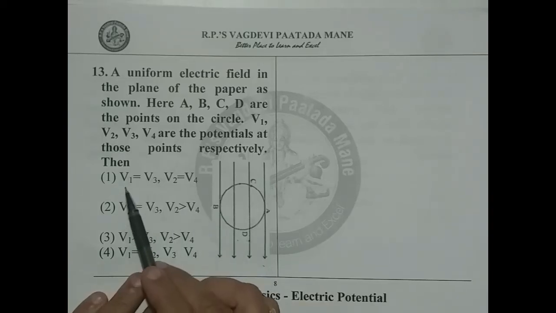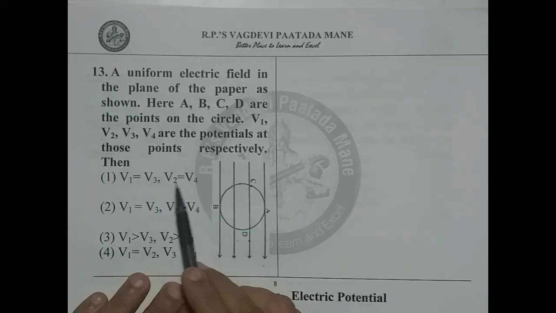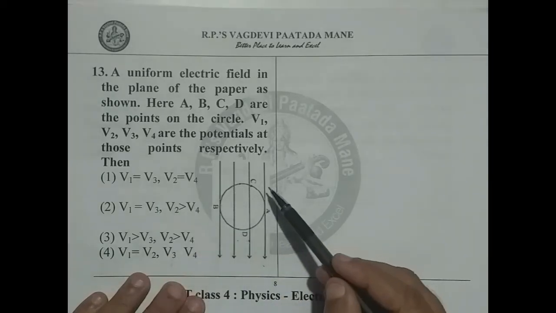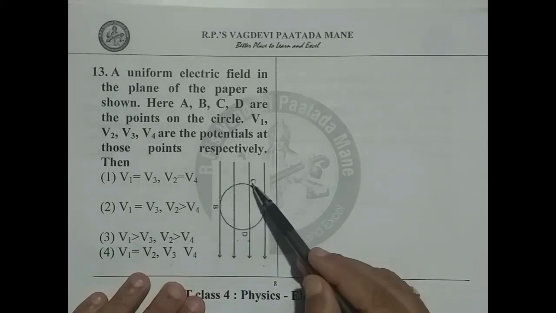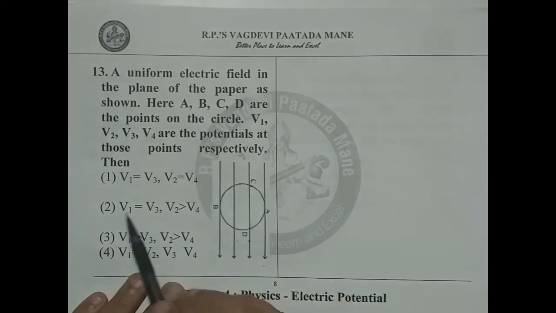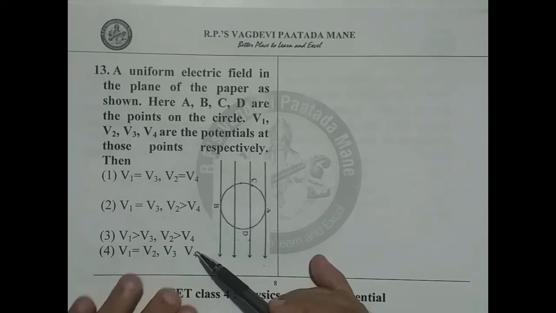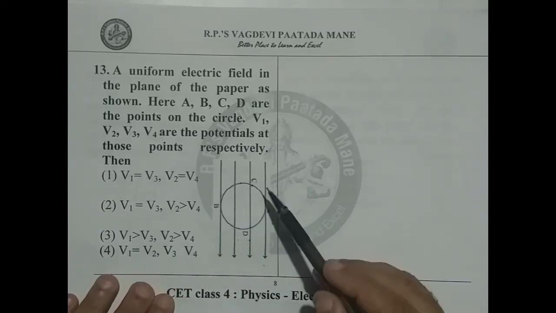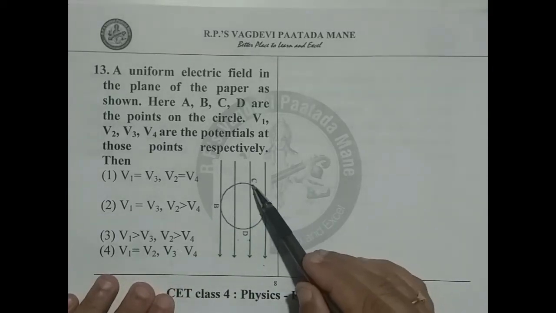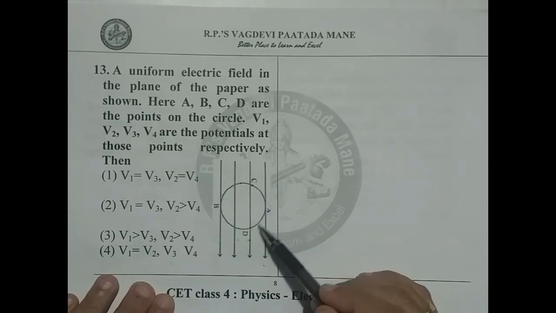In option 1, V1 is equal to V3, that's not possible because V1 is this one and V3 is this one, so that option is not there. The second option is also gone. In the third option, V1 is greater than V3, and V2 is greater than V4.